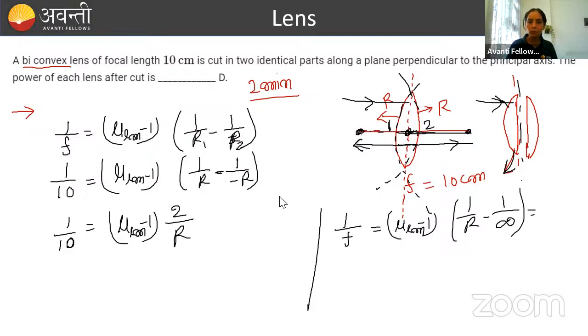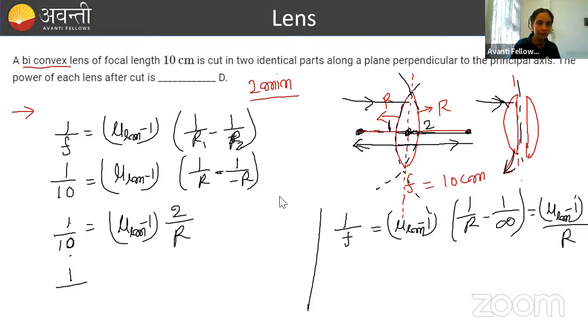So this is this. Done. So what value are we going to get? Mu L minus 1 by R. So this is 1 by f equal to this. Okay, so this is the focal length over here. So 1 by f here is equal to this, and 1 by 10 is equal to mu L minus 1 into 2 by R. So mu L minus 1 by R is equal to what?